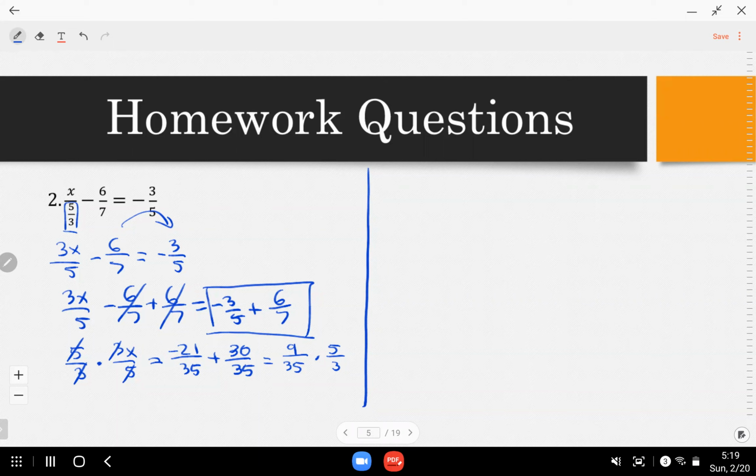After we're done with all this ugly computation, you should get 45 over 35 times 3. So what is 35 times 3? It's 105, right? It's equal to 45 over 105. Then divide by 15. So then you get 3/7. So that's your answer.